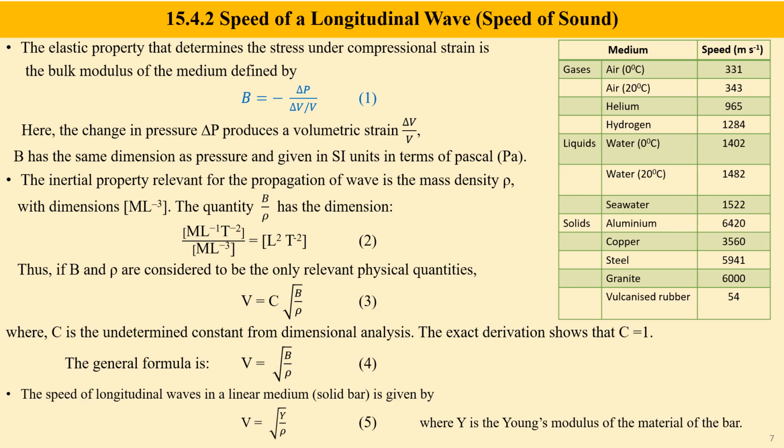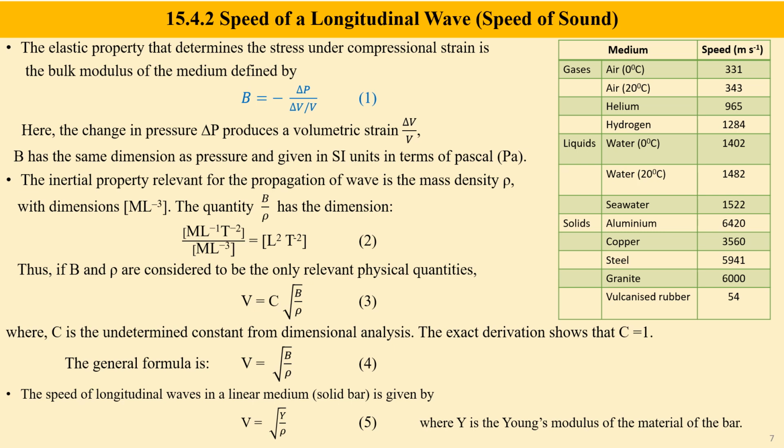Liquids and solids generally have higher speed of sound than gases, because in solids the speed being referred to is the speed of longitudinal wave in the solid. This happens because they are much more difficult to compress. Solids are much more difficult to compress than gases, and so they have higher values of B, that is bulk modulus.